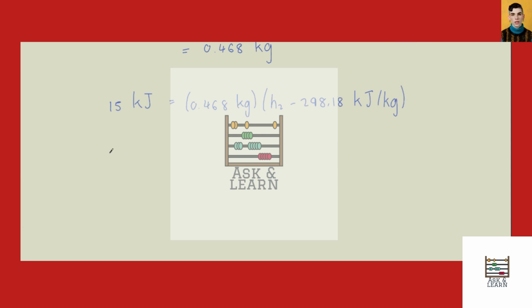So we can rearrange this equation and solve for the enthalpy of the final state, H2, and we get H2 is equal to 330.23 kilojoules per kg.